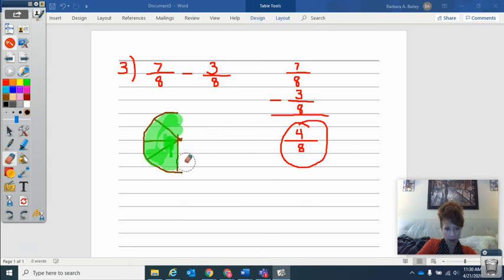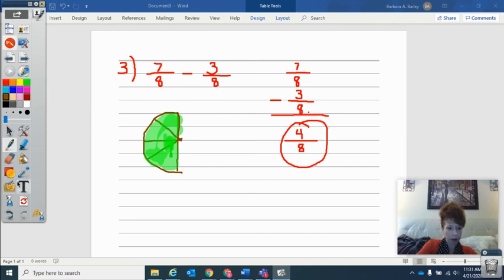Okay, how many am I left with? Okay, I'm left with 1, 2, 3, 4 out of 8. So I originally only had 7 out of 8. I took away 3 out of 8. And then I was left with 4 out of 8.